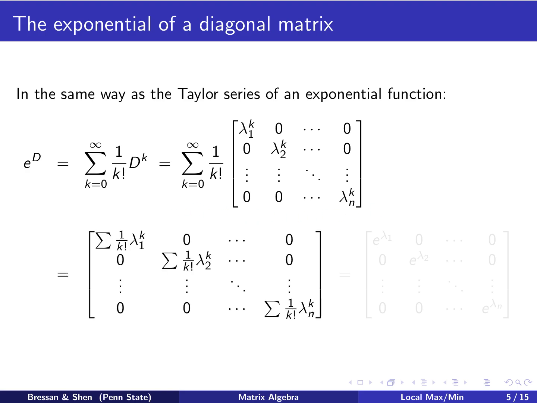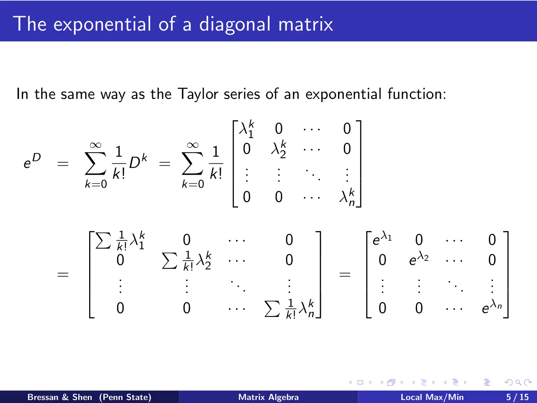Now assuming the infinite sum of each of these terms exists, this becomes the summation of all these terms along the diagonal, and all the other terms you will be summing over 0, which is just 0. So this is the sum with lambda 1 here, this is the same summation with lambda 2, and this is the same summation with lambda n.